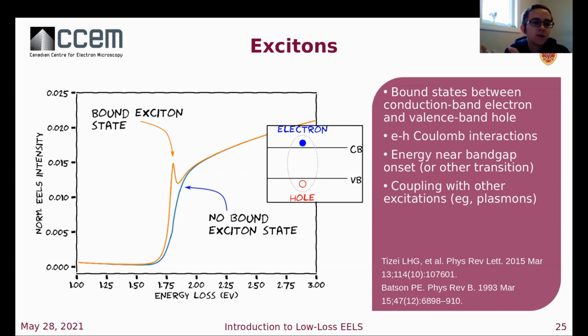And if all you're interested in is knowing where your bandgap is, maybe you find the exciton peaks a little bit in the way and annoying. But also there's been some very interesting work regarding the coupling of excitons to other resonances in the sample, such as plasmon states, and the interesting things we can do by coupling excitons.